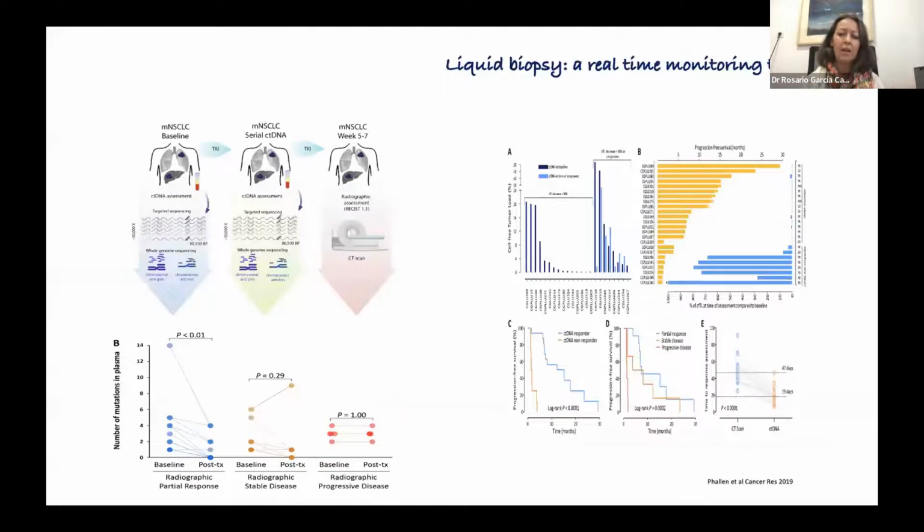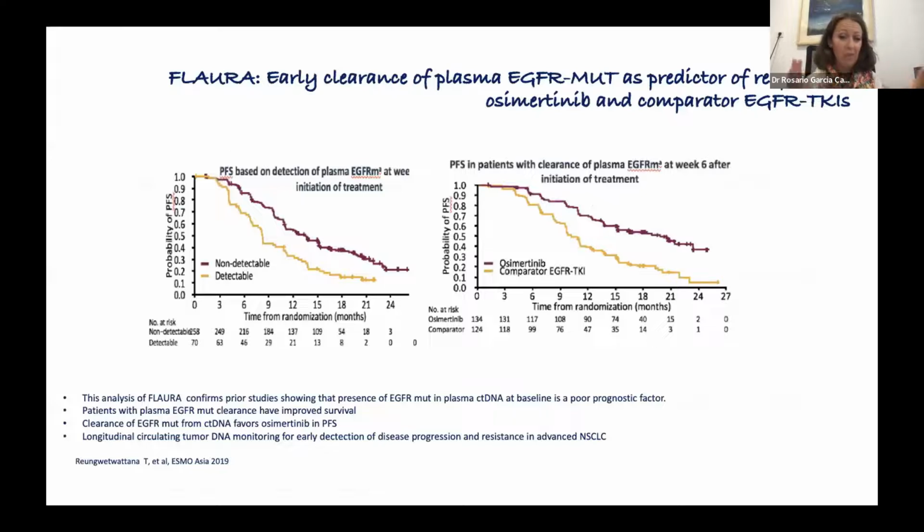We have some data coming from different experiences, most of them retrospective, showing how those patients with ctDNA clearance after exposure to a specific EGFR tyrosine kinase inhibitor do better than those patients who do not achieve this kind of ctDNA response. We have the same message from the FLAURA trial.